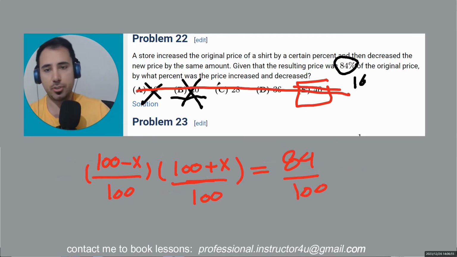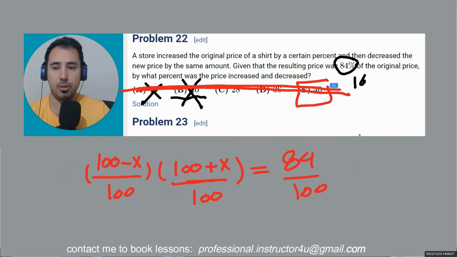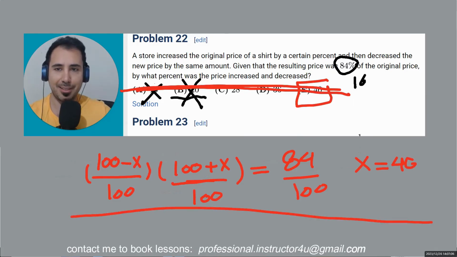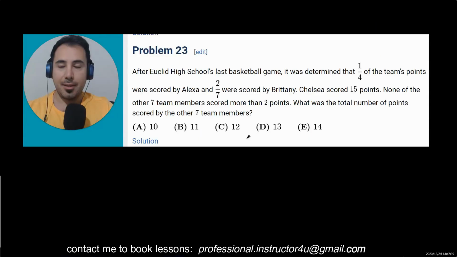Imagine it's a test, you don't have the options. You should solve this equation. If you do, x will be 40 again. So up to you. I don't recommend this. Usually it's faster to try out the options. If you think this question is difficult or you're not doing it right, if you do it the right way, it's one of the easiest questions ever.